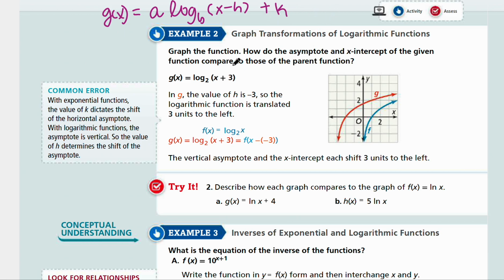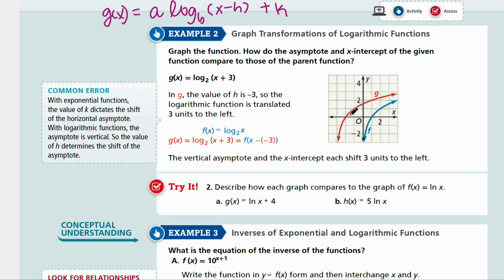Okay, so if you look at this function, log base 2 of x plus 3, you know there's a horizontal translation, right? 3 units to the left. So your original f of x, which is log base 2 of x, looks like this. That's a blue curve. And then from here, you're going to go left 3 units.